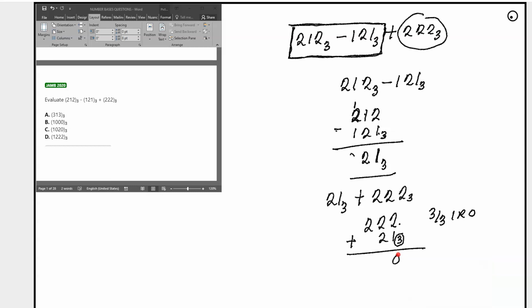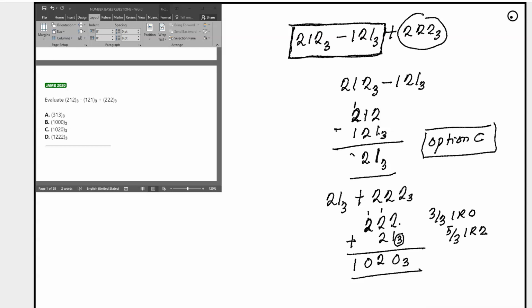So write 0 here. Carry 1 here. This is 5. You divide 5 by 3. 1 remainder 2. Write 2 here. Put 1 here. This is 3, which is the same thing as this one. So 0, 1 in base 3. Okay? So we have 1020 base 3. So option C is correct.